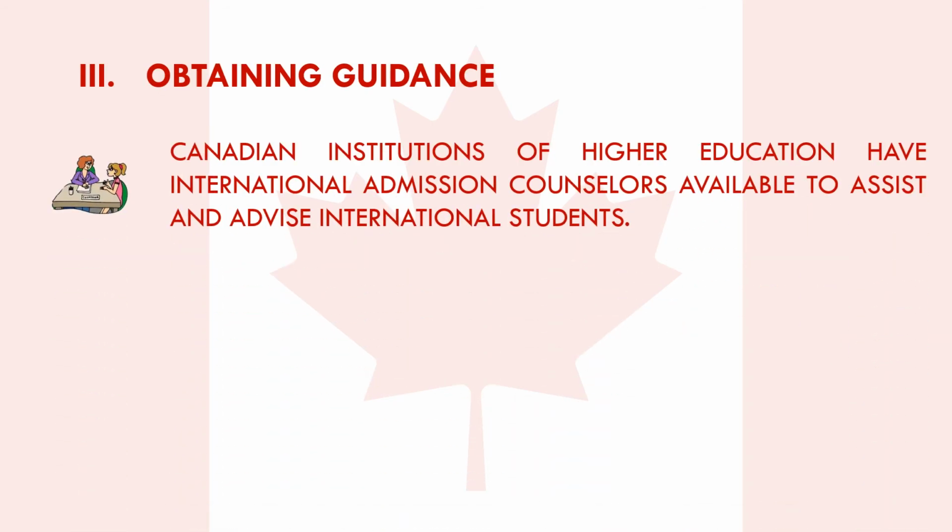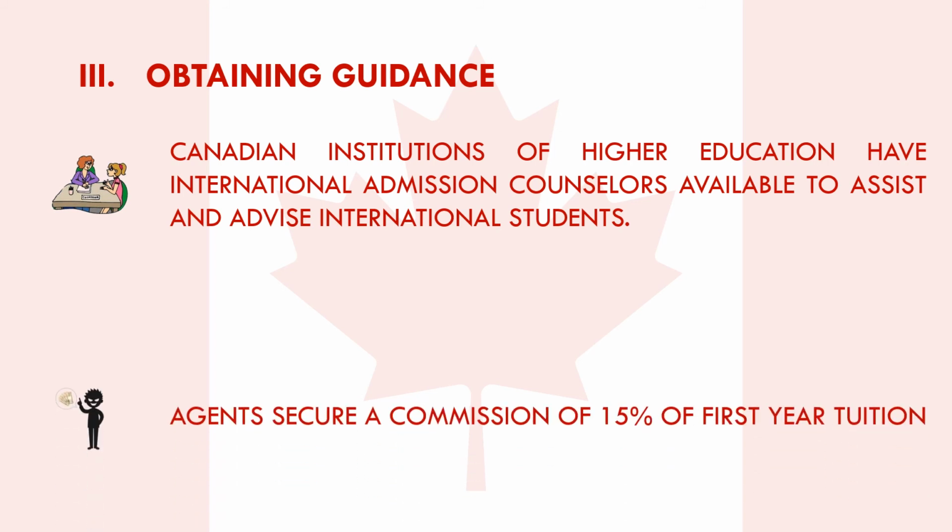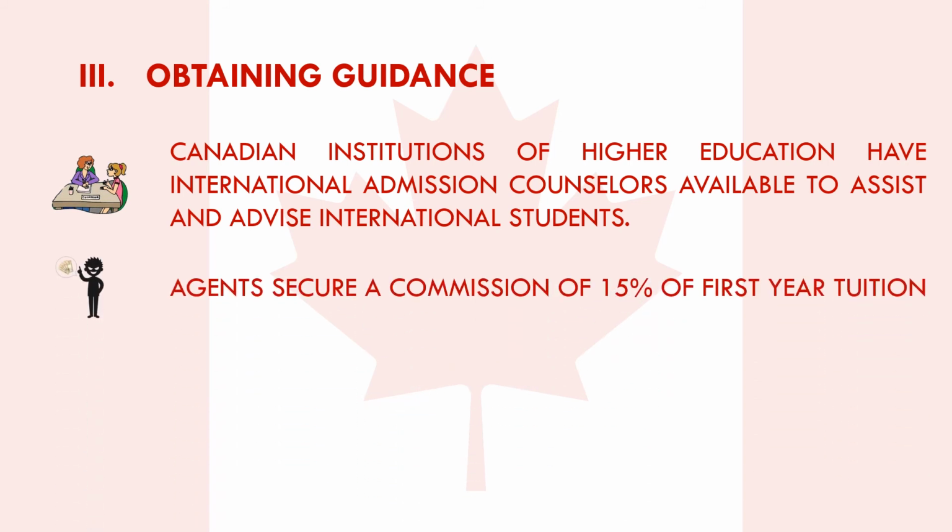Canadian institutions of higher education have international admission counselors available to assist and advise international students. They can be found on the institution's website, do not charge, and know their institution best. Agents do charge. They typically secure a commission of 15% of first-year tuition for each student they assist that enrolls at an institution.